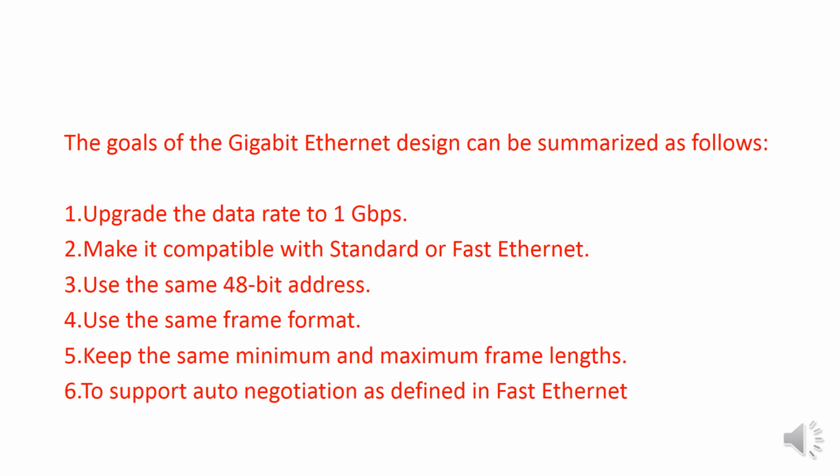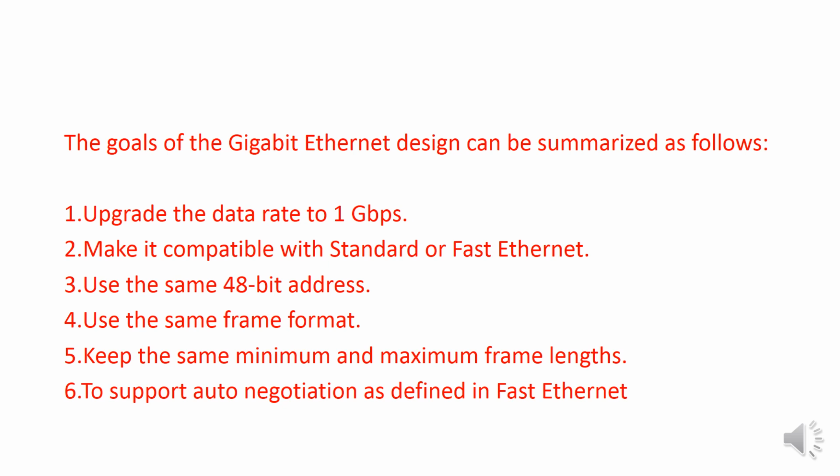The major goals of the design of gigabit Ethernet are as follows. First goal is to upgrade the data rate to 1 gigabit per second. Make it compatible with standard or fast Ethernet. Use the same 48-bit address space. Use the same frame format. There is no change in the frame format.